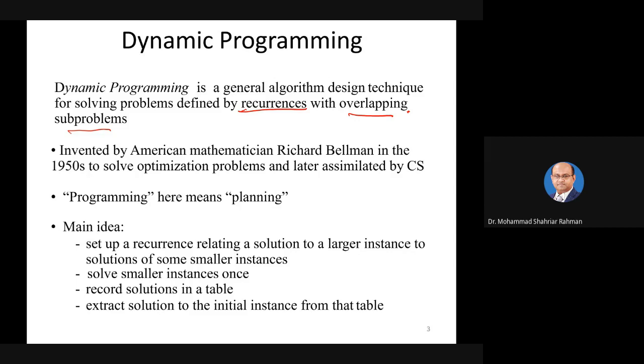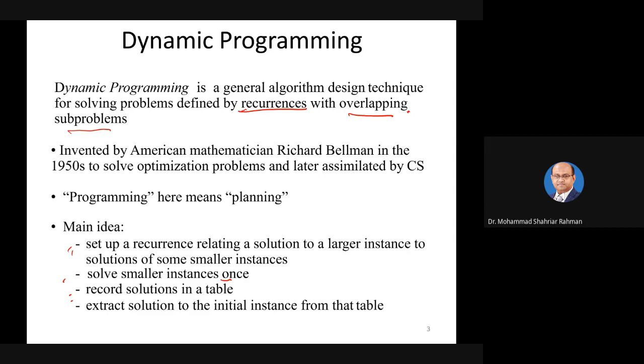So the main idea is to do these steps. One is to set up a recurrence relating to a solution to the larger instance, to the main problem, and the solutions to some smaller instances, and get those solutions to the smaller instances once.